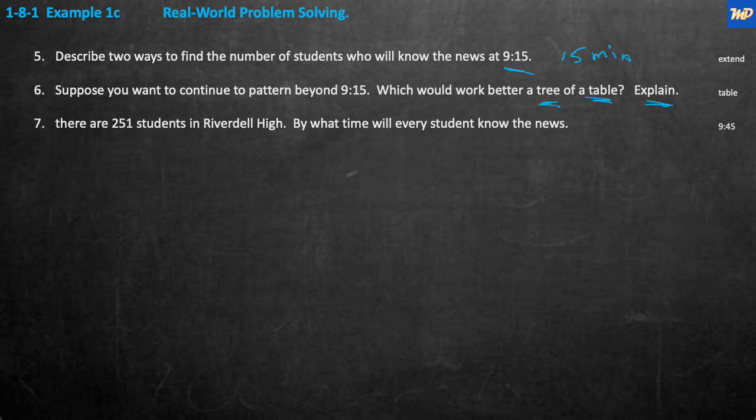Number 7, there are 251 students in Riverdale High. By what time will every student know the news? Well, that's interesting. How are they going to know? So on our table, what did we end up with? We ended up with 1 and 1. So this is new and old, I'll say.